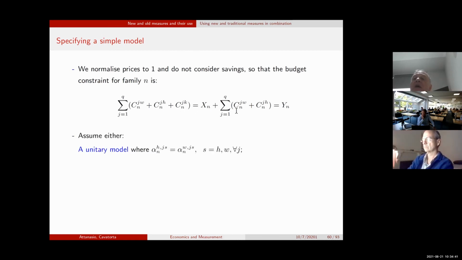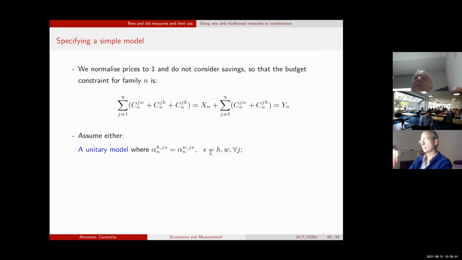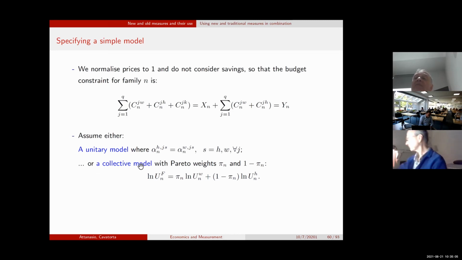Now it's interesting, then you start thinking about what you're estimating. If you assume the model is unitary, there is just one utility function, so it doesn't matter who answers, and all the alphas will be the same. Or you can estimate a collective model.